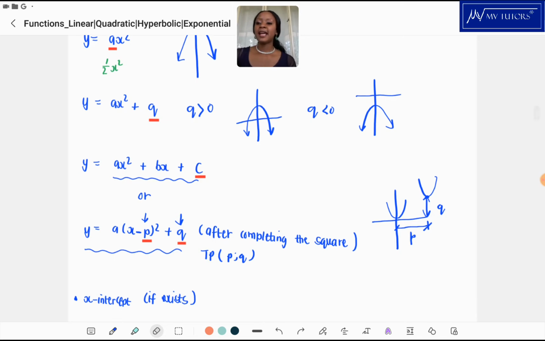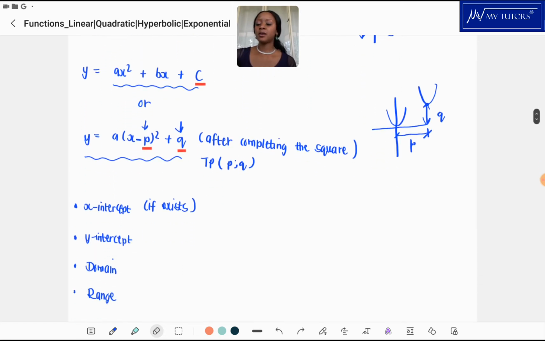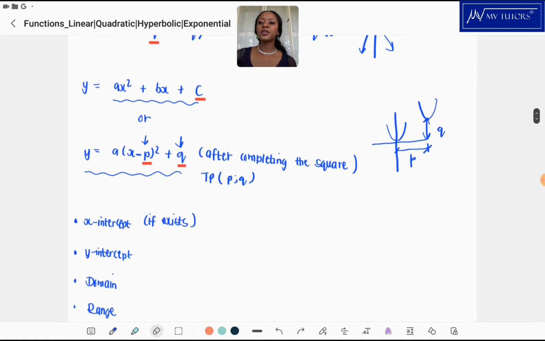Okay, and what I wanted to show you as well is, why do we say that x minus P is a shift to the right, and x plus P is a shift to the left? Why do I say that?